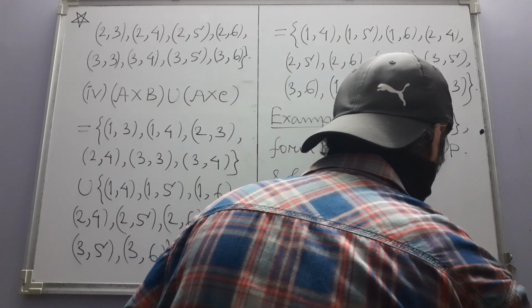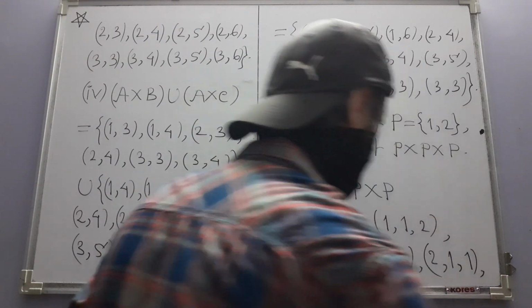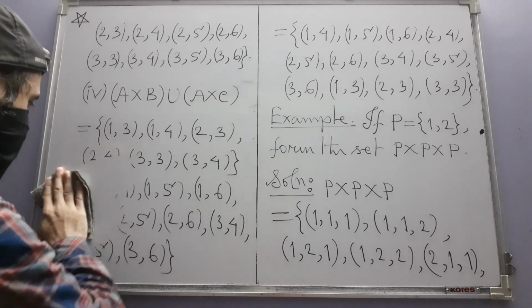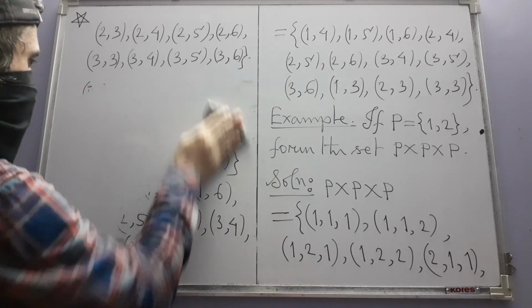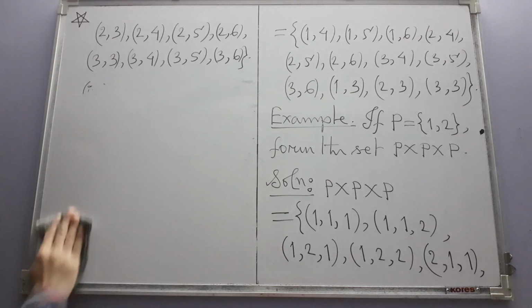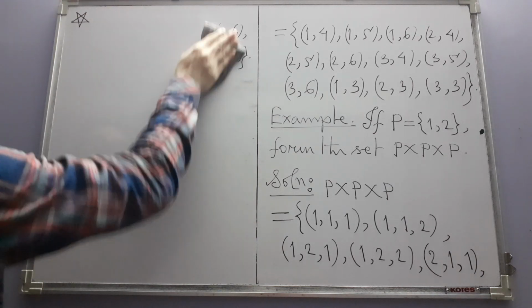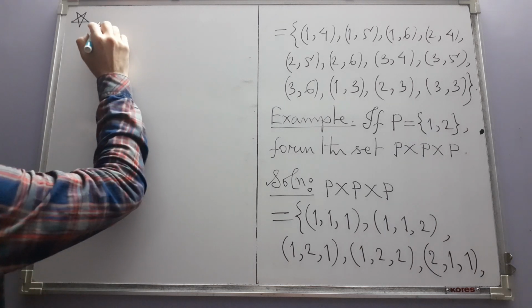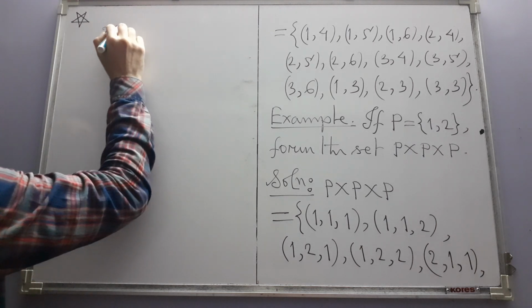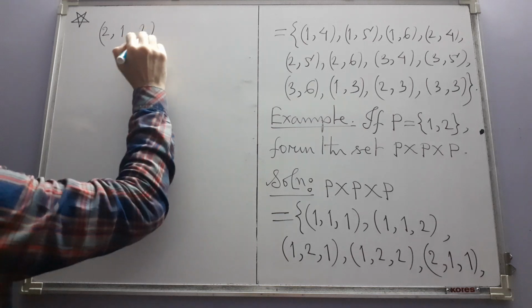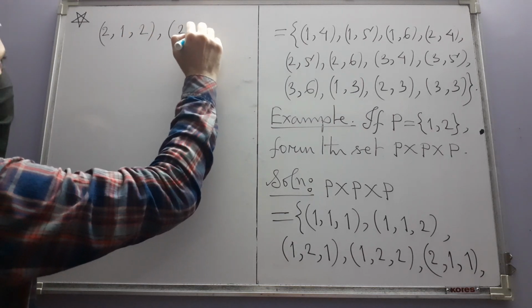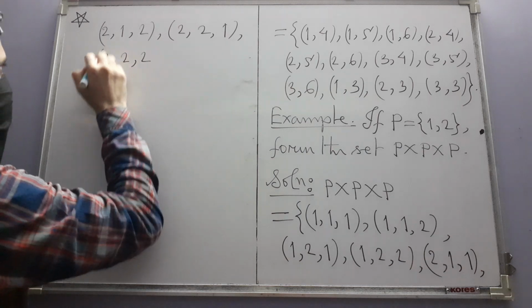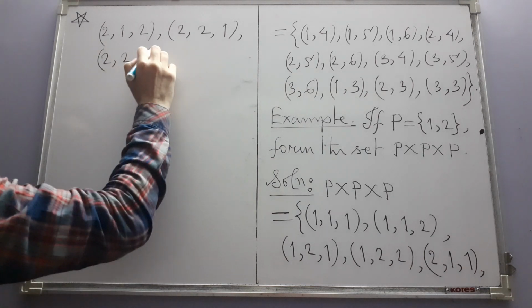So now you are going to get 2 1 1, 2 1 2, 2 2 1, and finally 2 2 2.